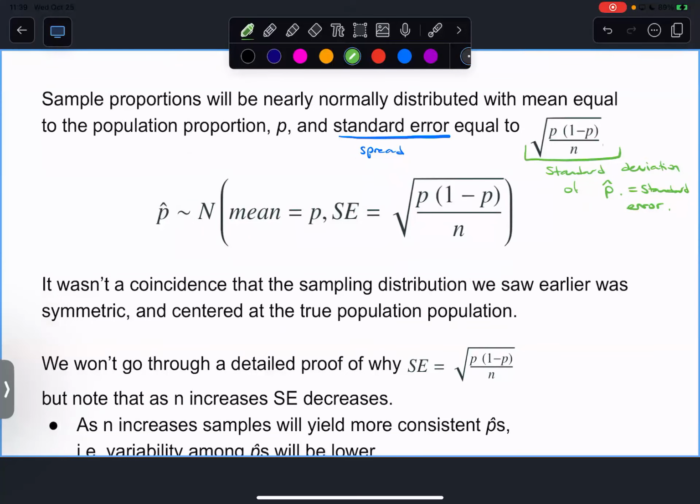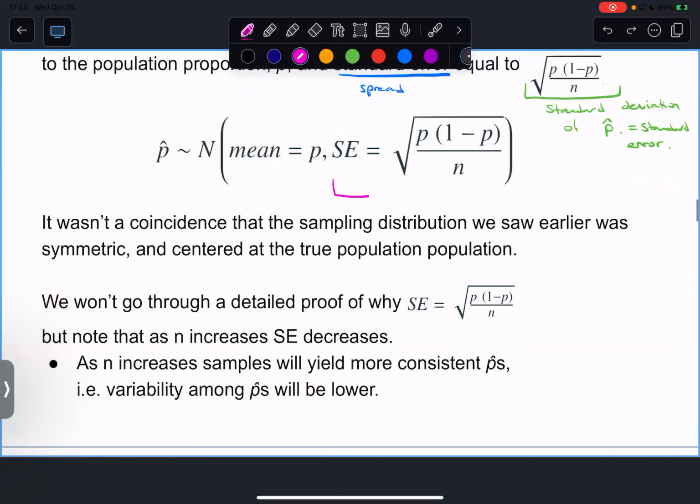So what we say is p hat follows a normal distribution with a mean of p and a standard error of the square root of p times 1 minus p over n, which I often write q. 1 minus p is q. But here, the standard error behaves as the standard deviation did before for us. So this behaves like the standard deviation.